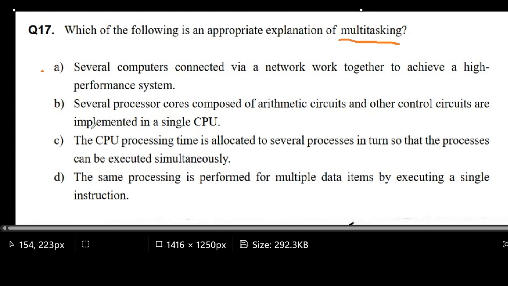Okay, so letter B seems to be not a better choice than letter A because you got several processor cores and they're all implemented in a single CPU. I think we use these things, the processor, the CPU, but I think it doesn't necessarily mean multitasking.